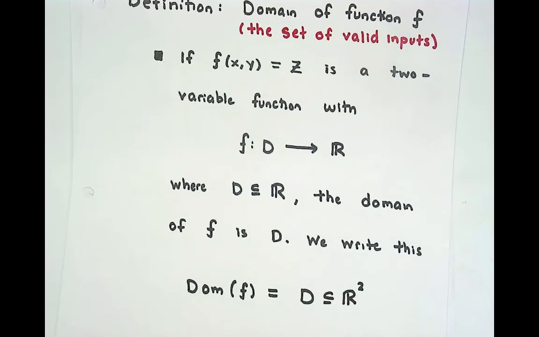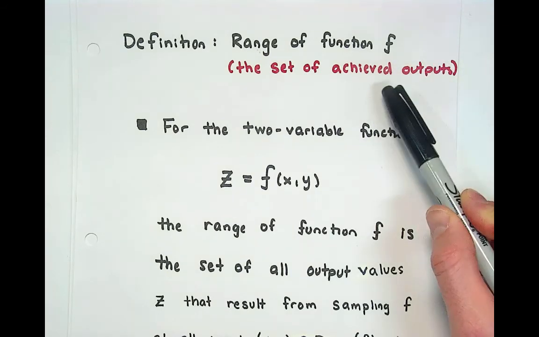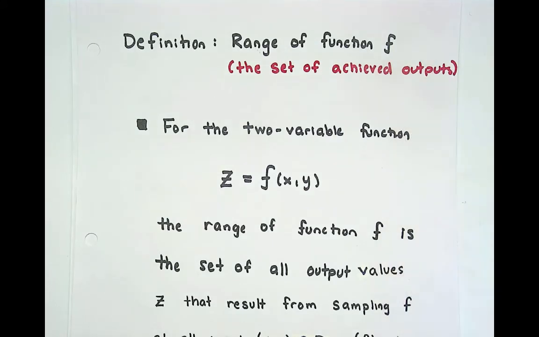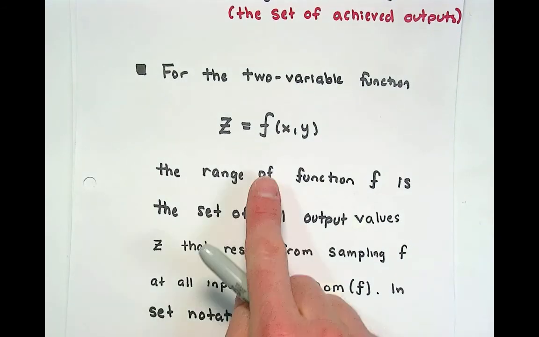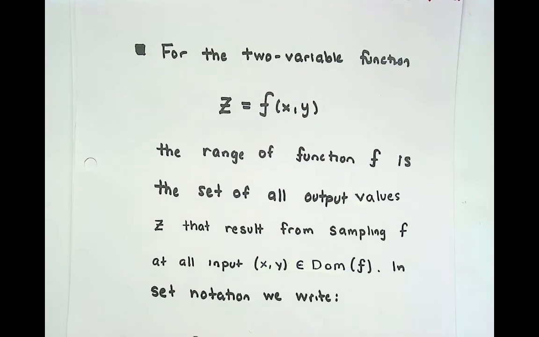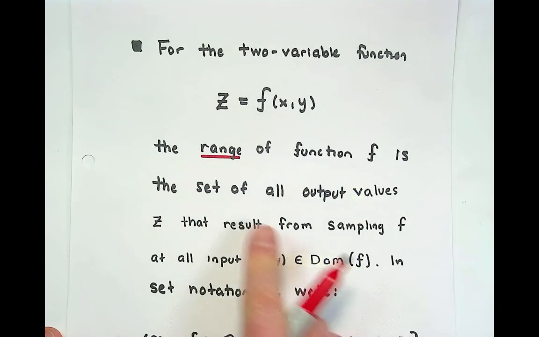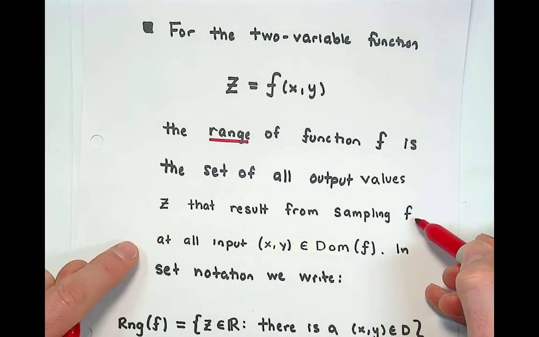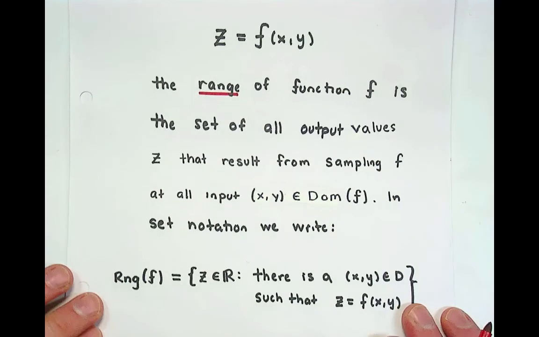We can also define what we call the range. The range of a function f is the set of achieved output values as we run through all inputs in the domain. So the formal definition that we might use is, if we have a two-variable function z equals f of x y, the range of this function is the set of all output values z that result from sampling f at all input values in the domain. You can write this in set notation.